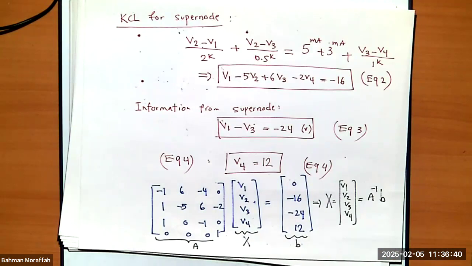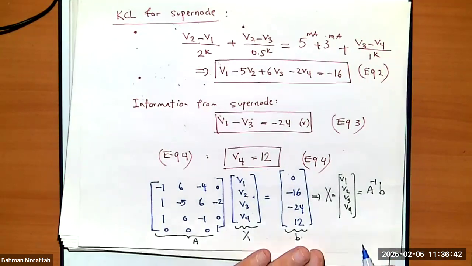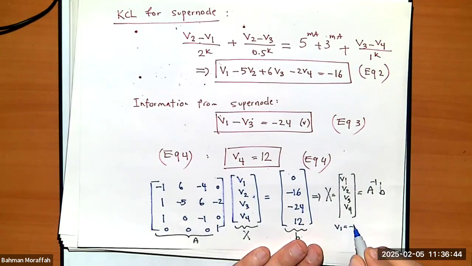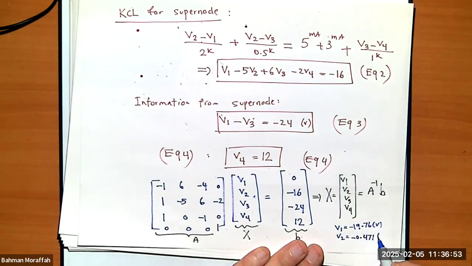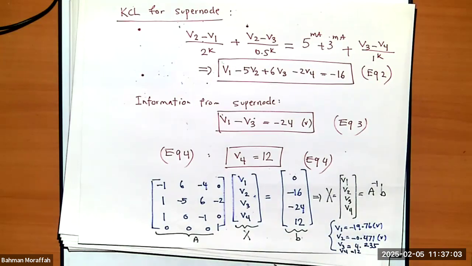If I give it to your calculator, it turns out V1 is minus 19.76 volts, V2 is minus 0.471 volt, V3 is 4.235, and obviously V4 is 12.